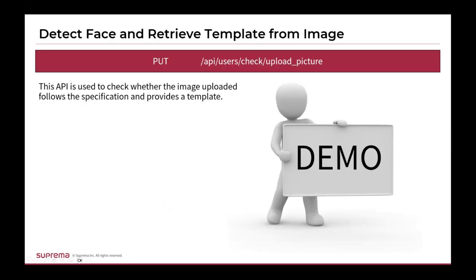Now that we have prepared an image, let's go to the first step of this process. We need to use the following API, which will check whether the image meets the specification and retrieve a face template from the image. You might have guessed, but let me show you a demo of it through Postman.